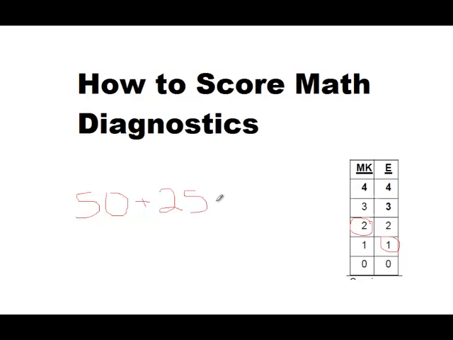So I'm going to take those, add them up, get 75, divide that by 2. That's going to give me 37.5, which I'm going to round up to 38. So this is the scoring that you're going to use to evaluate your math diagnostics.